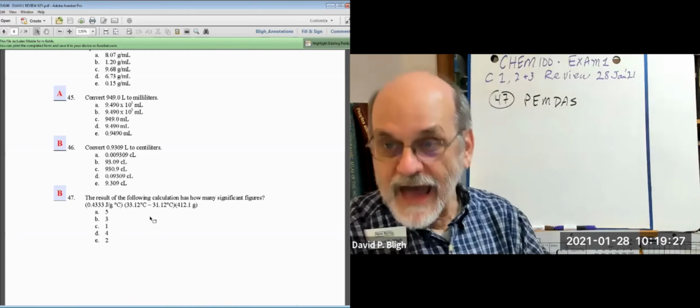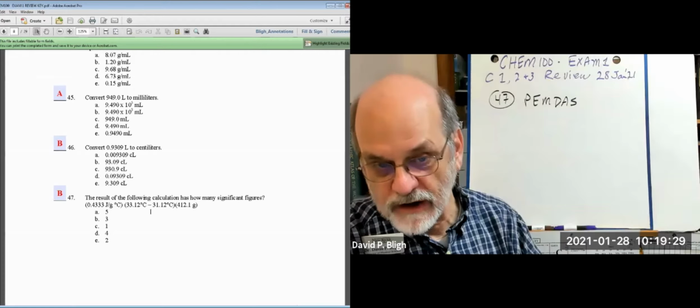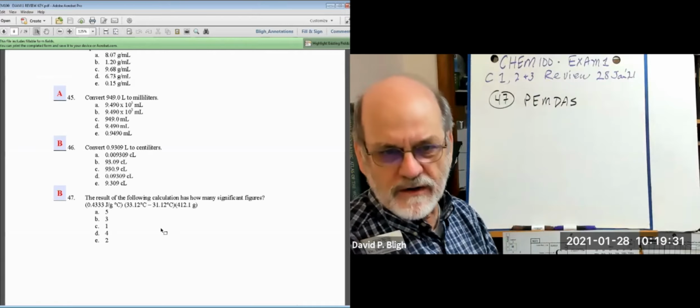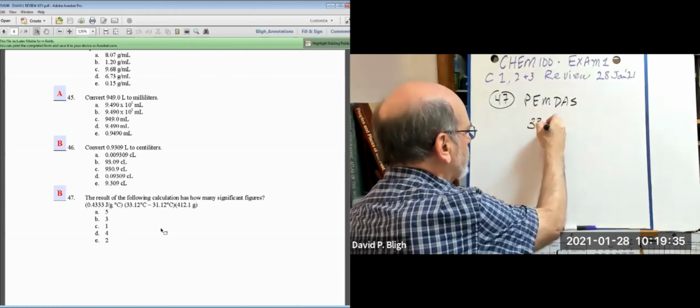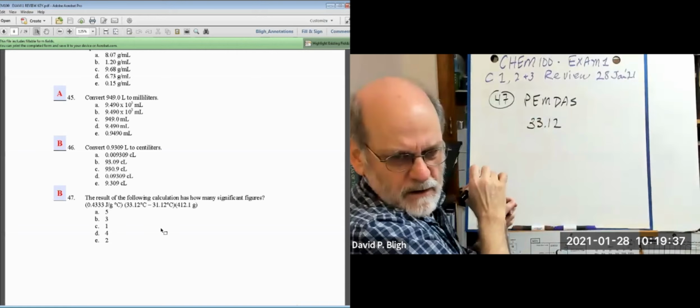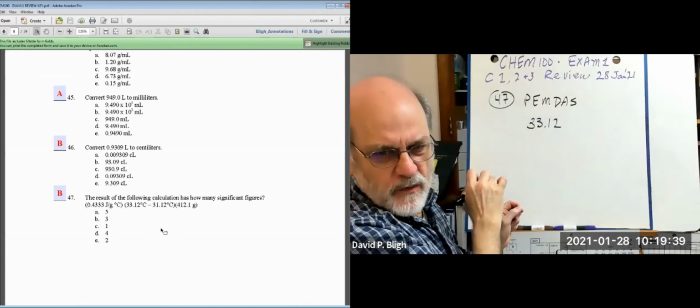We have to use the add subtract rules for this part of the calculation. So let's do that first. 33.12 and minus 31.12. And those are degrees centigrade.